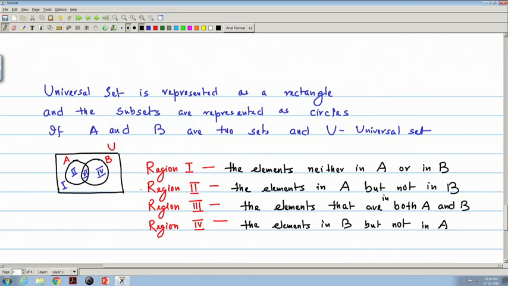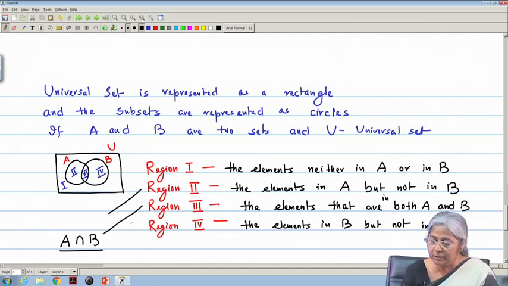Region 3, the elements in both A and B, means A intersection B. Elements in A but not in B we can simply write as A minus B, the set difference.